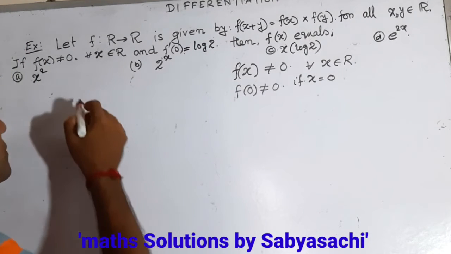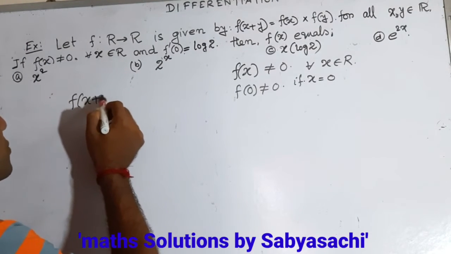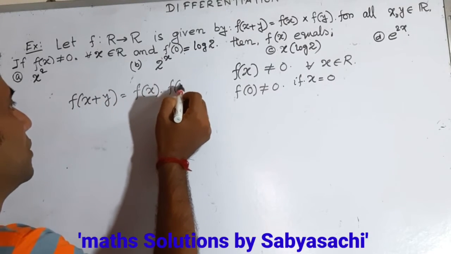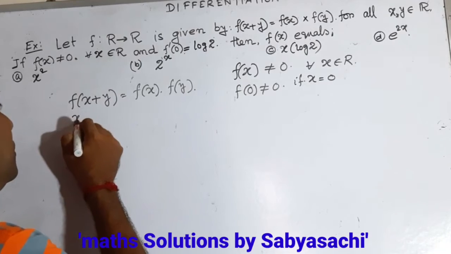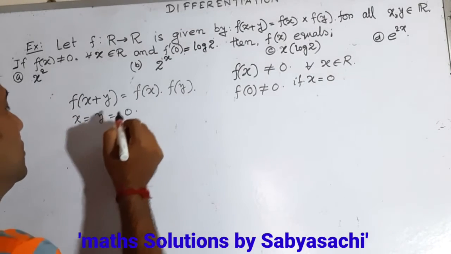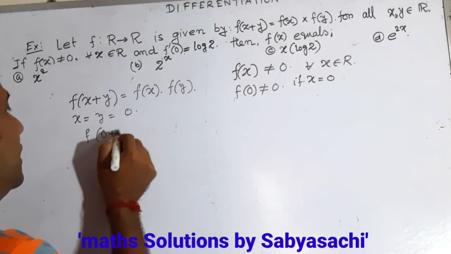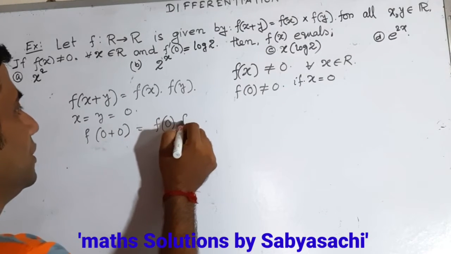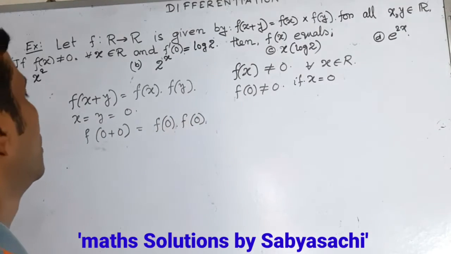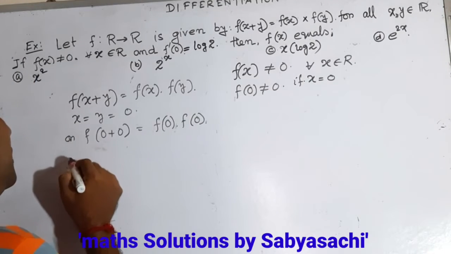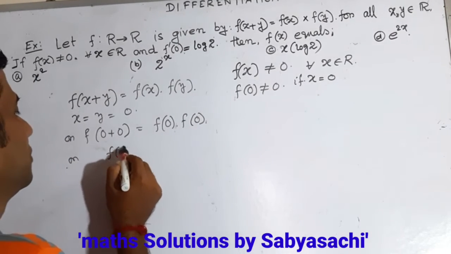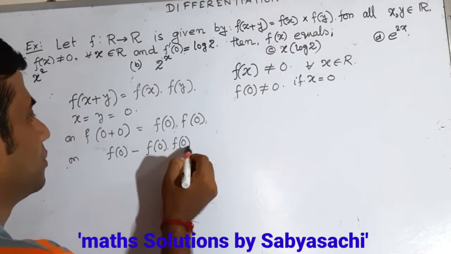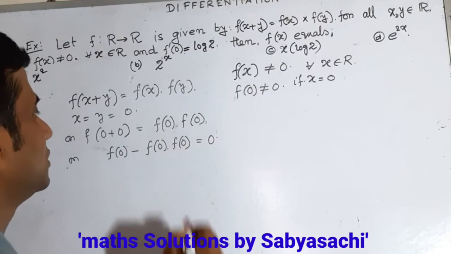Now f of x plus y is equal to f of x into f of y. Putting x equal to 0 and y equal to 0, we get f of 0 plus 0 is equal to f of 0 into f of 0. Or you can write it in this way, that f of 0 minus f of 0 into f of 0 is equal to 0.